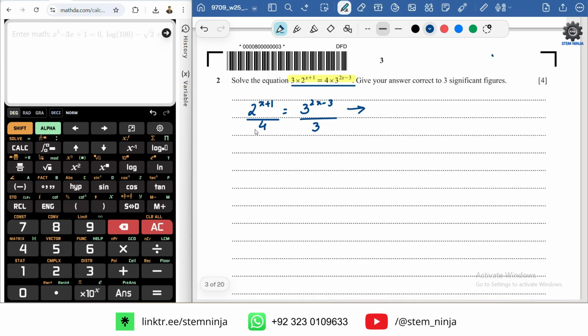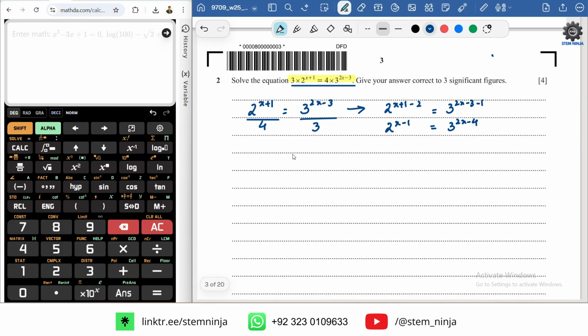Now see how this can be simplified. 4 is basically 2 squared. So 2x plus 1 minus 2 equals 2x minus 3 minus 1. So this becomes 2x minus 1 equals 2x minus 4.